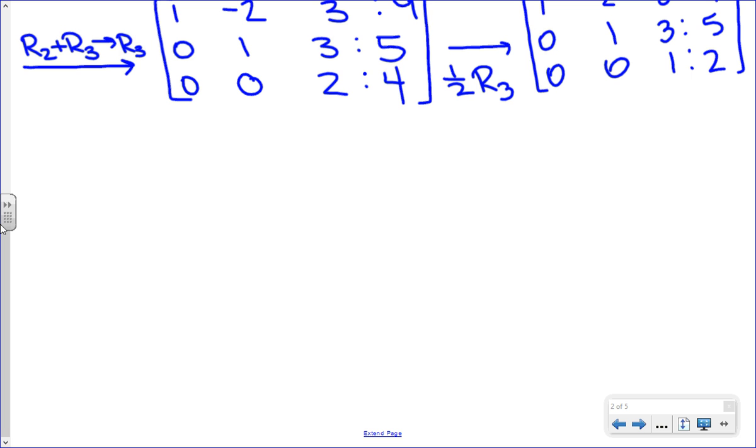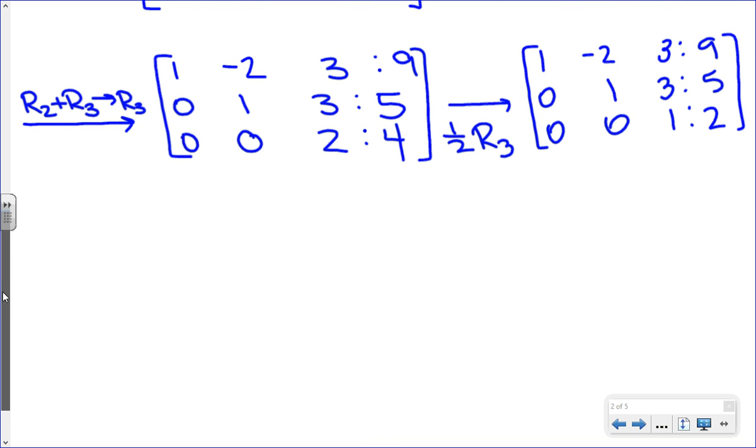Okay, now we have our augmented matrix that's in row echelon form. And this is something that you practiced yesterday. This last row means Z equals 2. Okay, going from the bottom up. Right, Eli? Was it really? Yeah. Well, look at that.